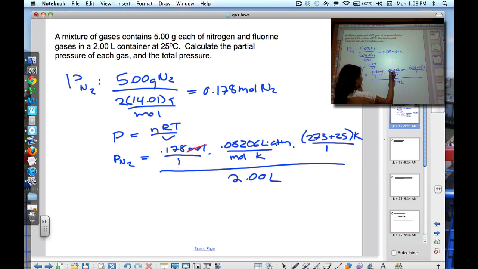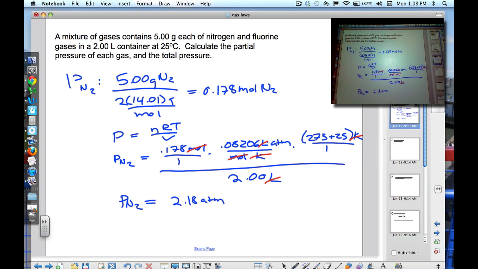When you cross out the units, you get atmospheres, which is equal to 2.18 atmospheres for P N2.